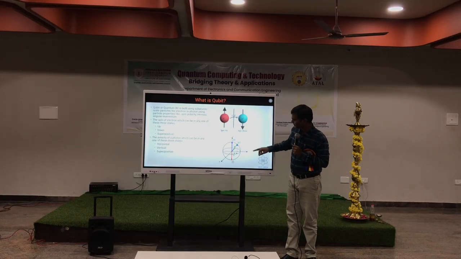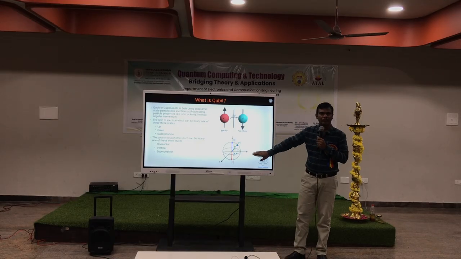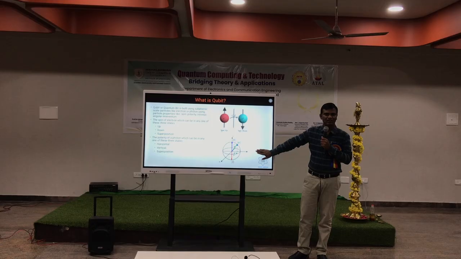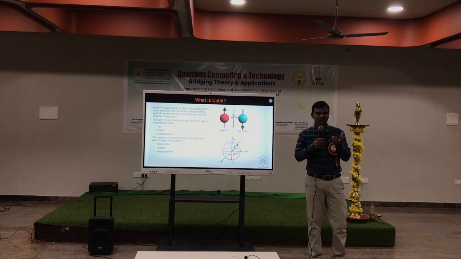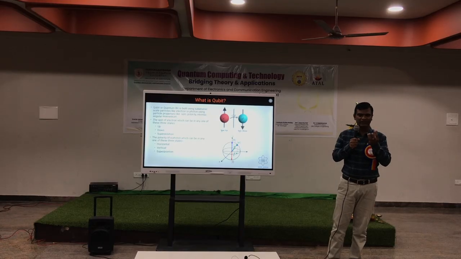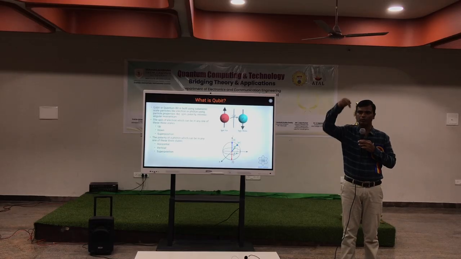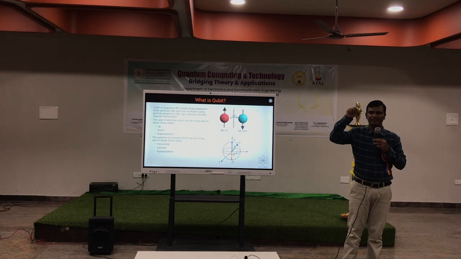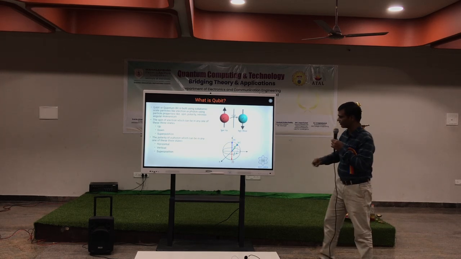And this is the visual representation. How can we visually see these qubits? You can represent a qubit graphically as a sphere, just like a ball, with a south pole and a north pole. The south pole points to the state 0 and the north pole points to the state 1.